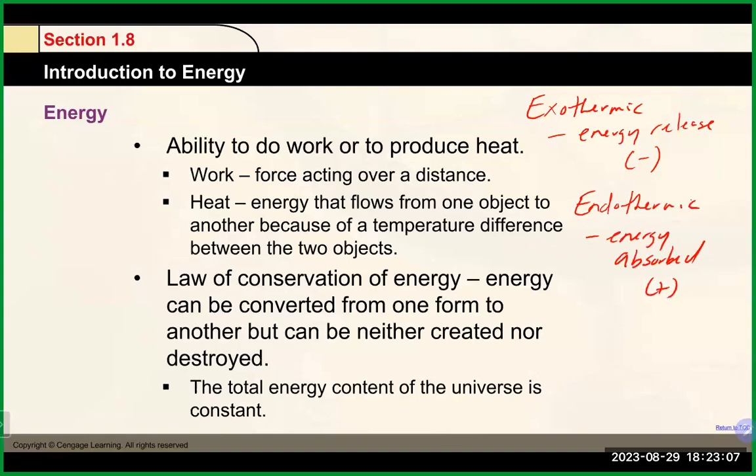So if something gives off negative 500 kilojoules of energy, whatever's near it, the surroundings, will pick up the 500 kilojoules of energy. It would be positive for the surroundings because they're absorbing the energy, and a negative number for the system that's releasing the energy.